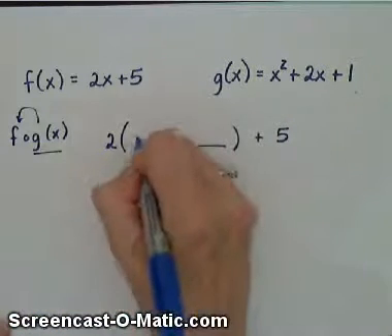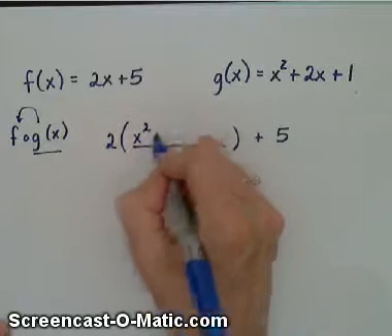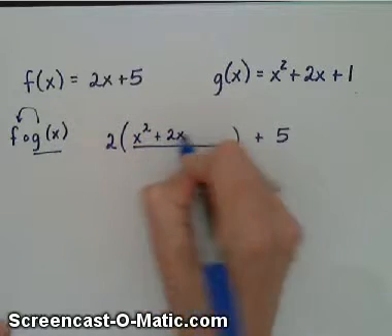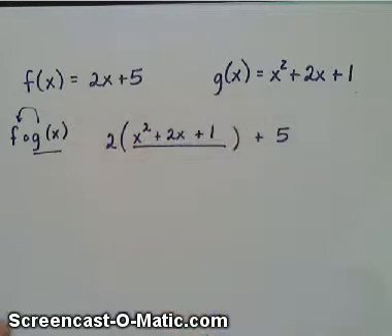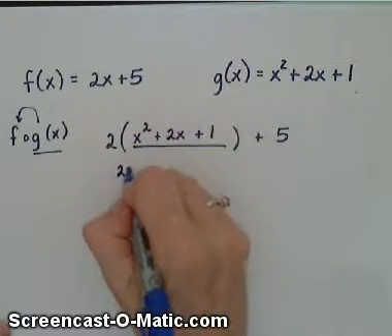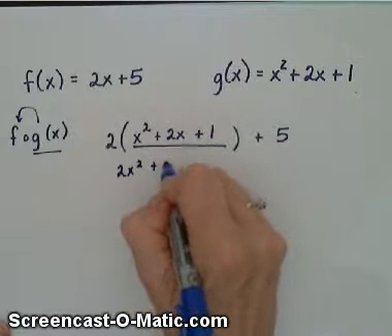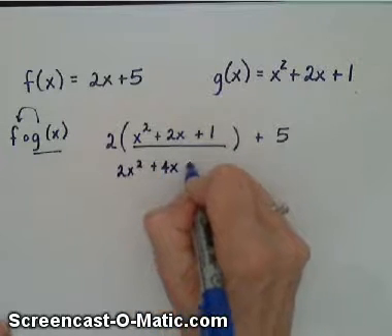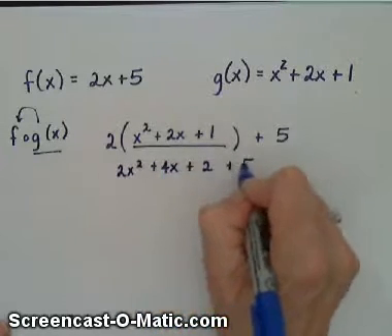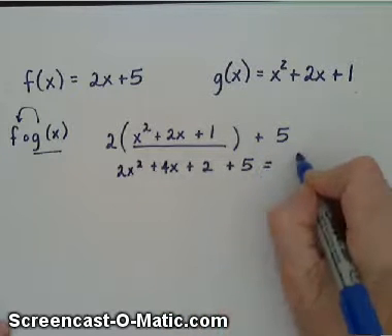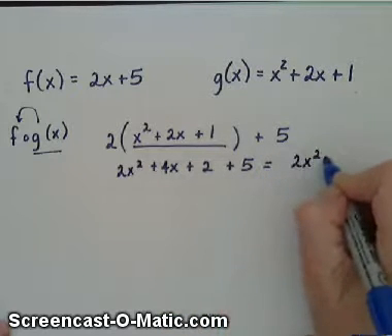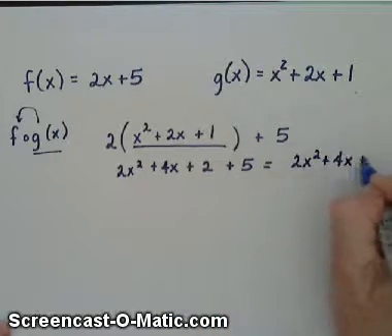We're going to embed that function inside the f function like this. So instead of 2x plus 5, it's 2 times g of x plus 5. Final answer, 2x squared plus 4x plus 2 plus 5. And we'll simplify that: 2x squared plus 4x plus 7.